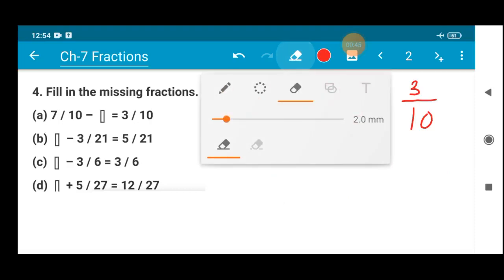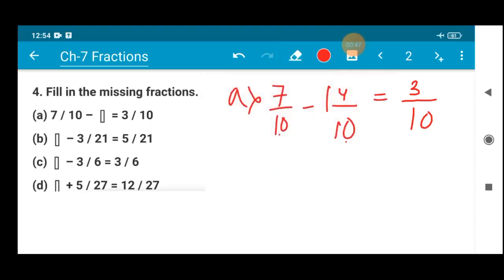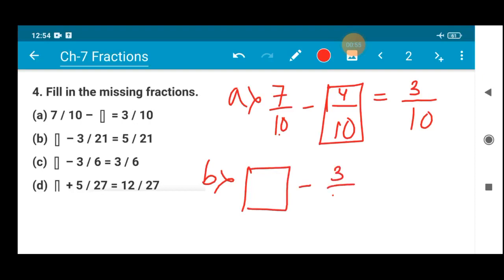So you can write this in the box. It is 4 by 10. Very easy, right? Number B, box minus 3 by 21 is equal to 5 by 21. Okay, so you came to know that in this fraction the denominator is 21, but what will be the numerator, so that after subtracting you will get 5.